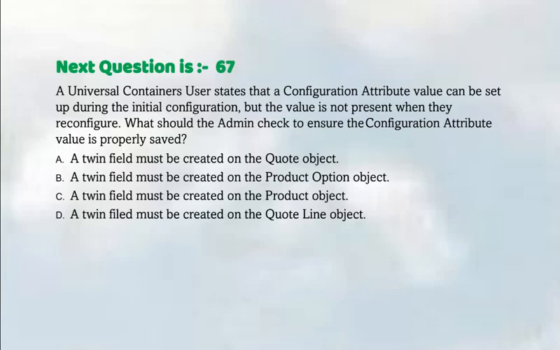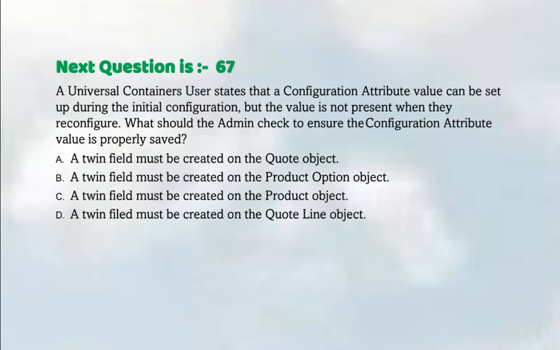Question: A Universal Containers user states that a configuration attribute value can be set during the initial configuration, but the value is not present when they reconfigure. What should the admin check to ensure the configuration attribute value is properly saved?